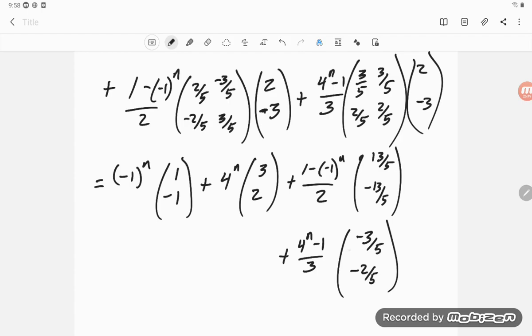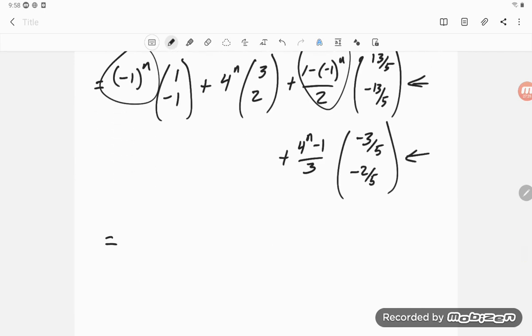So we could simplify this some more. I don't think I'm going to, by taking the 13/5 out of this vector, taking -1/5 out of this vector, and then adding that thing to that thing. Well, why not?